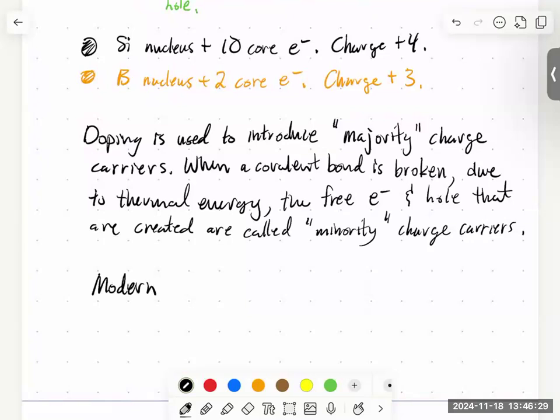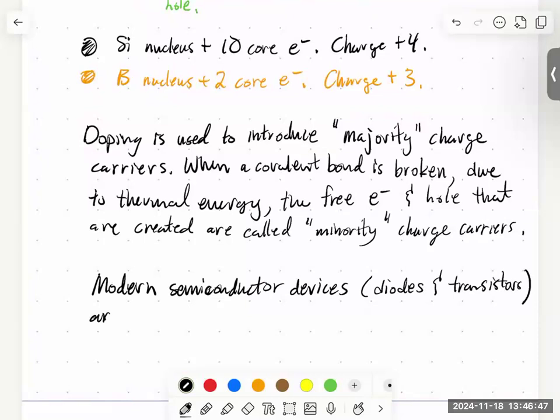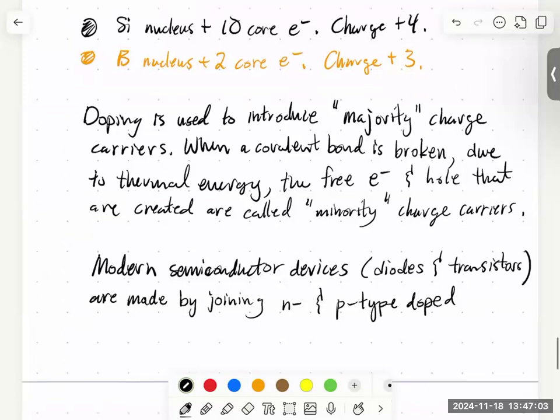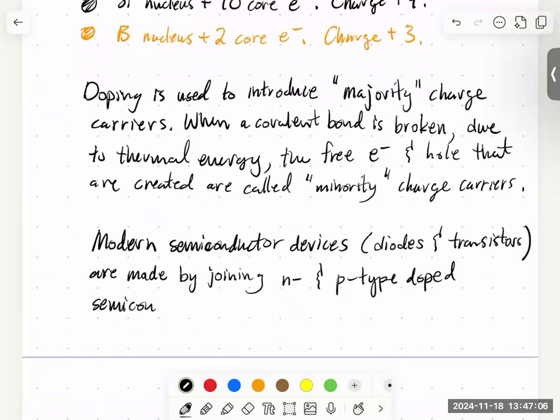So modern semiconductor devices, and the ones that we're going to be interested in are going to be diodes and transistors, are made by joining N and P-type doped semiconductors with a sharp junction.